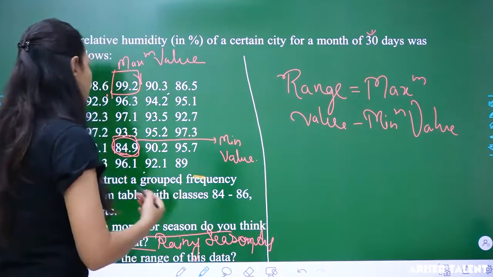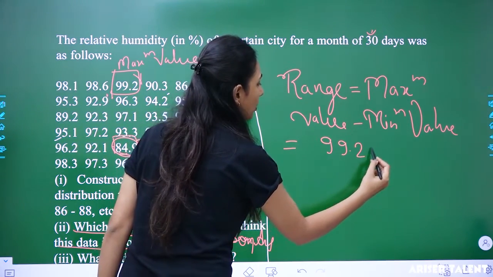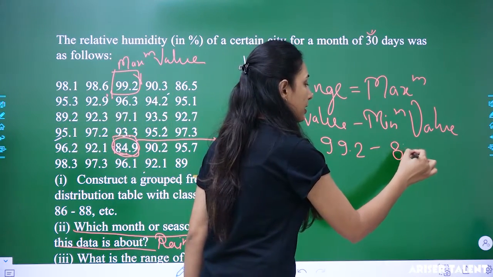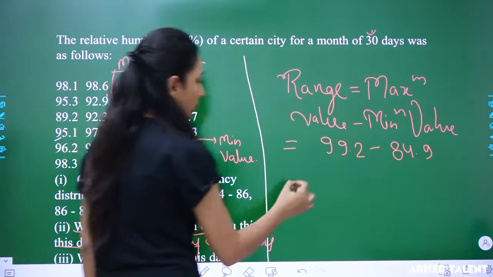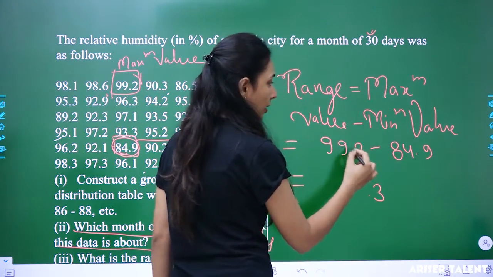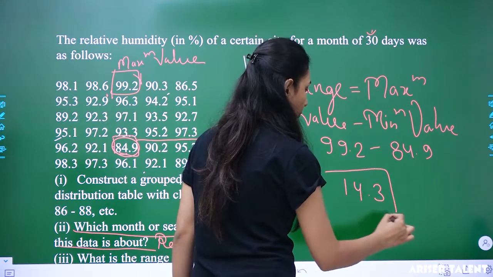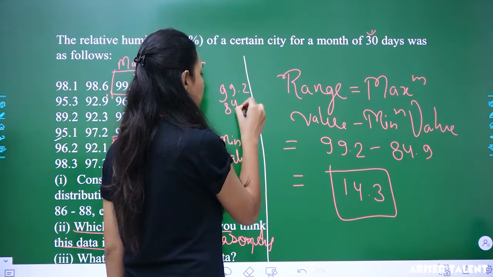The maximum value is 99.2 minus the minimum value 84.9. So counting it, the range is 14.3.